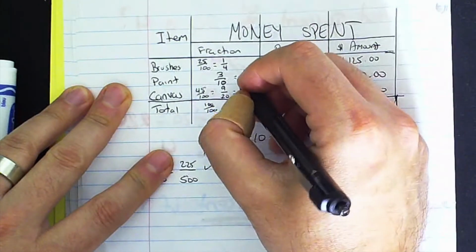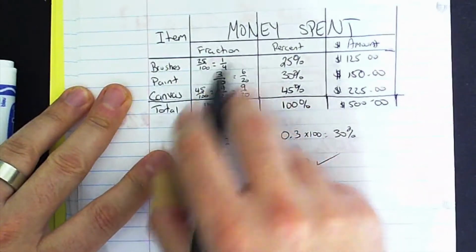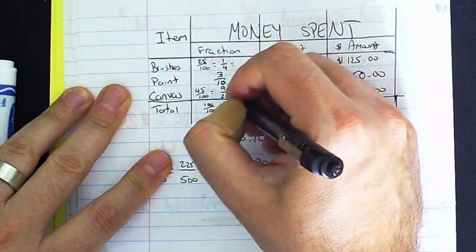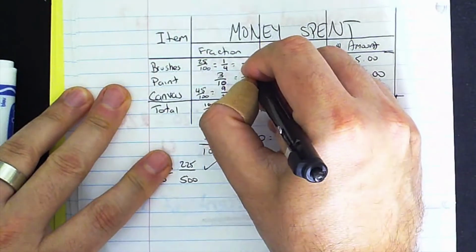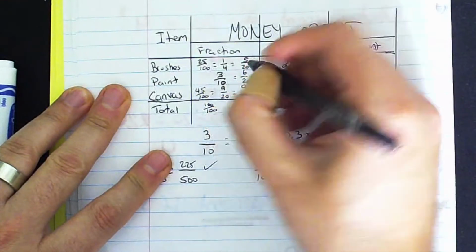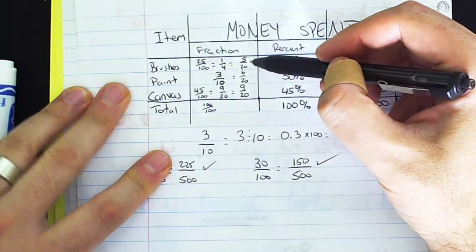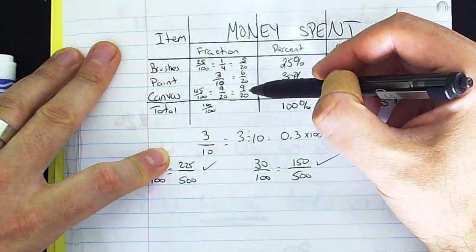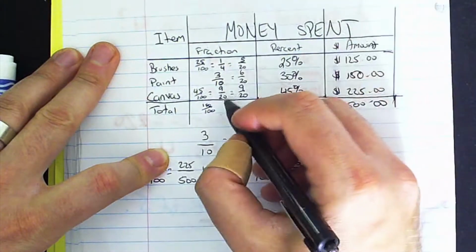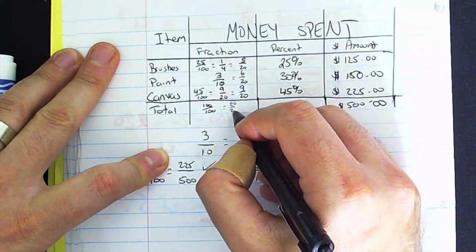If you need a refresher on how to do this, my channel has videos on this. I'm not going to go through all those details now. And to get this out of 20, you need to multiply it by 5. So 5 out of 20. So these, sorry for blocking the camera. These here the numerators have to add up to 20. 5 plus 6 is 11, plus 9 is 20. So that equals 20 out of 20.